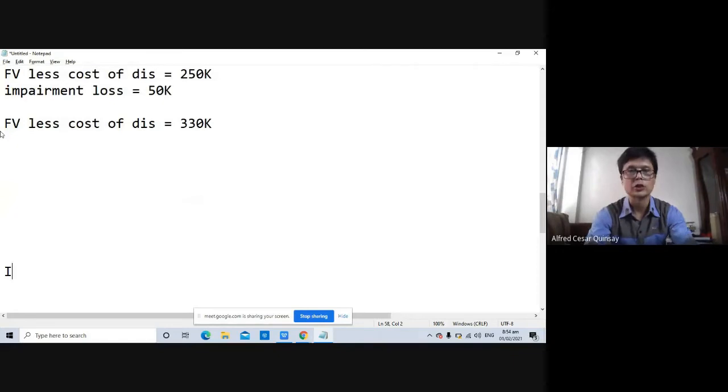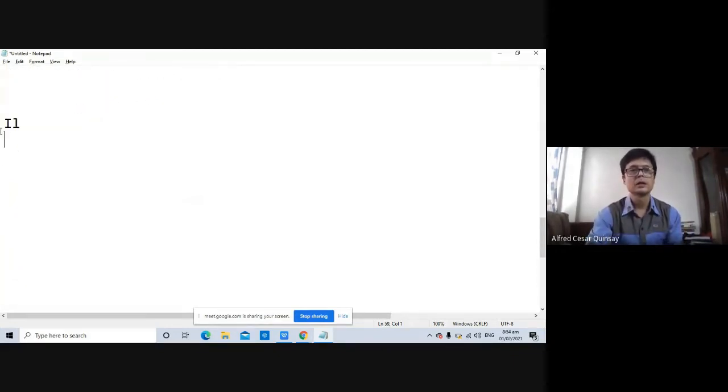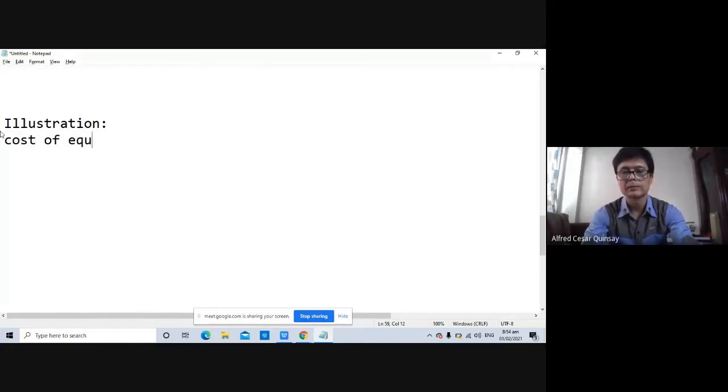So let's look at the illustration. The cost of the equipment is 5 million. The life is 10 years.